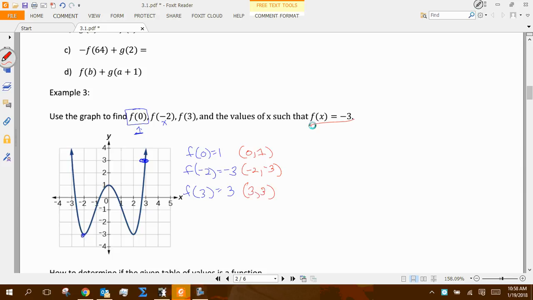So when they ask this question, they're basically saying, okay, what x value will produce a y value of negative 3? So I'm going to go look for my y values that are at negative 3. And if we look at this, there's a couple different places that I have a point that has a y value of negative 3.